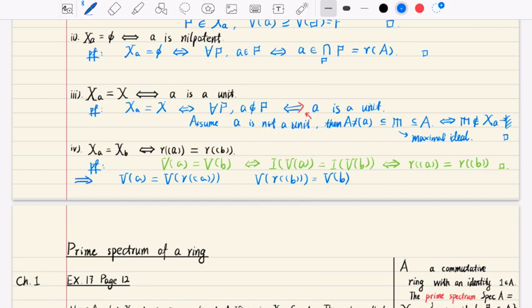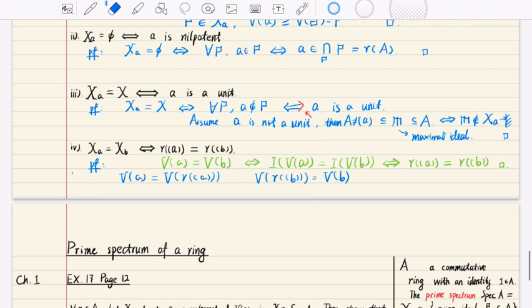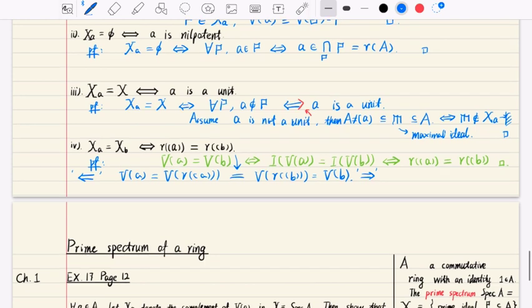So this is for the proof of the if direction. If the radical of A equals the radical of B, the two are equal. For the other direction, the thing is in fact simpler, because the radical of the ideal generated by A is just the intersection of all P belonging to V(A).